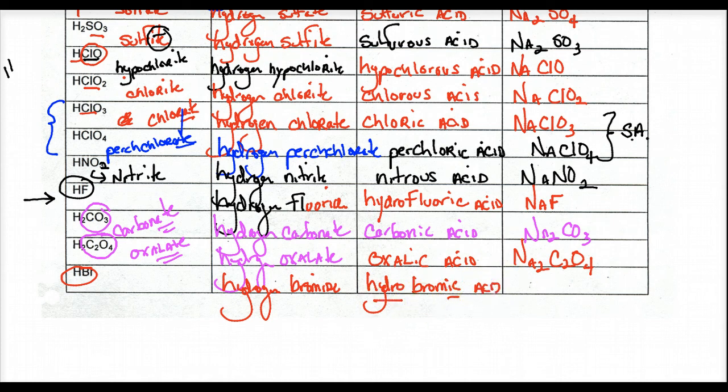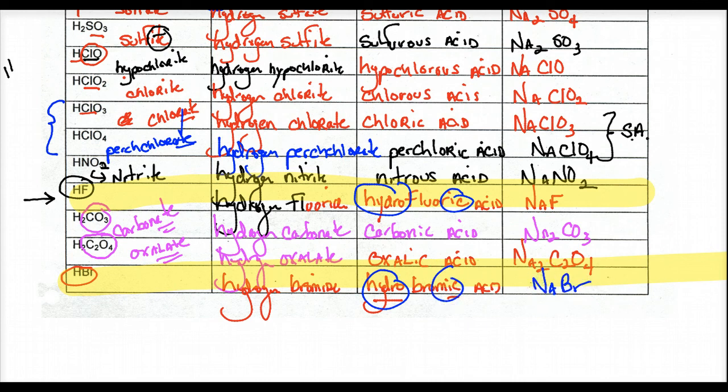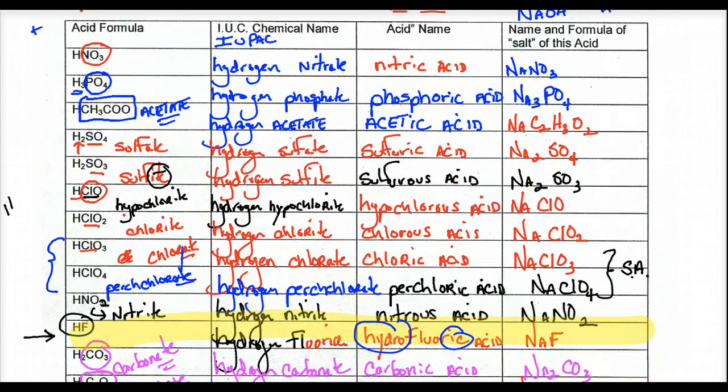Just like we had what? The binary HF. Okay, they're the same thing. Hydrofluoric acid, hydrobromic acid. The hydro and the ic surround the element. And the salt of that would be sodium bromide.